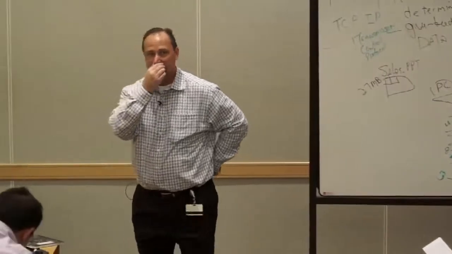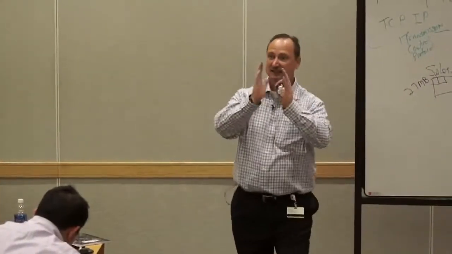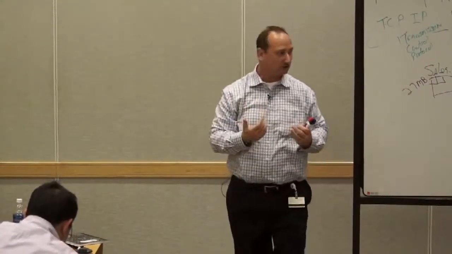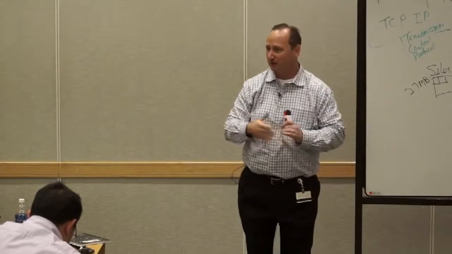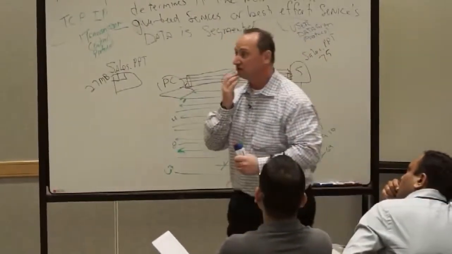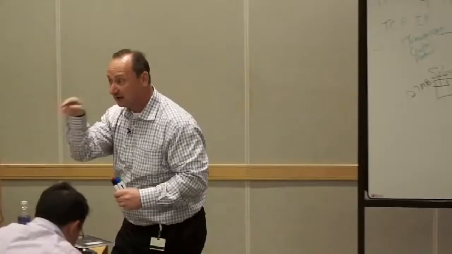So you're saying that the delay in sending something and waiting for the return is not going to work with voice. Yes, there's your application. There's your example of why voice and video, because it has to get there quickly. You have 150 milliseconds to get that voice to you and keep it going.